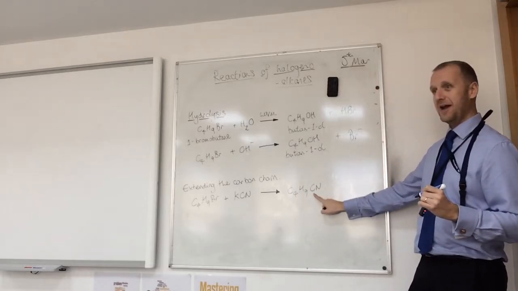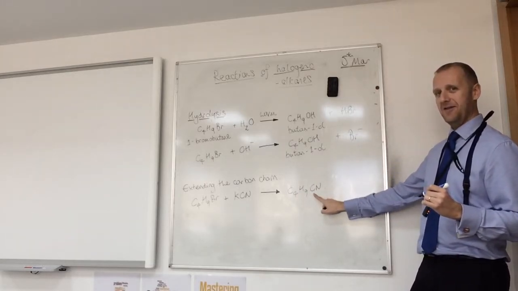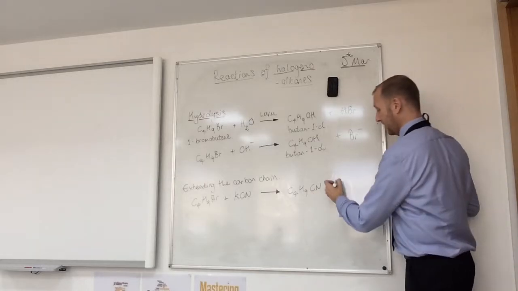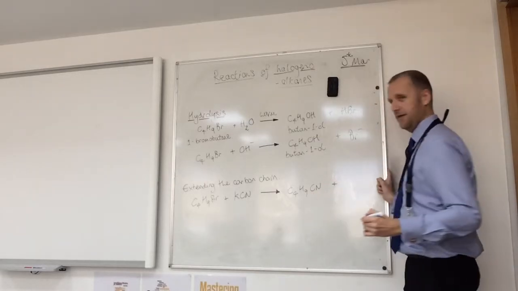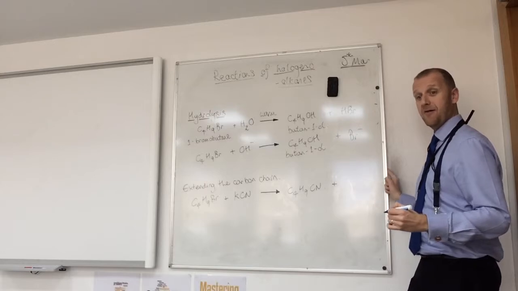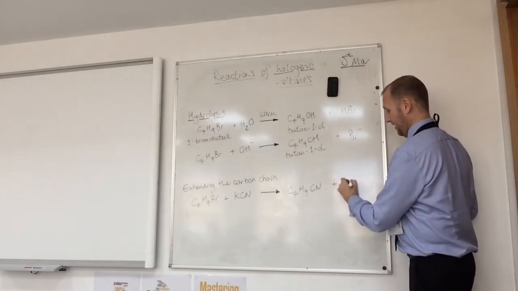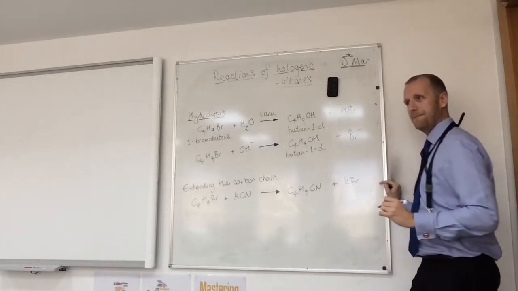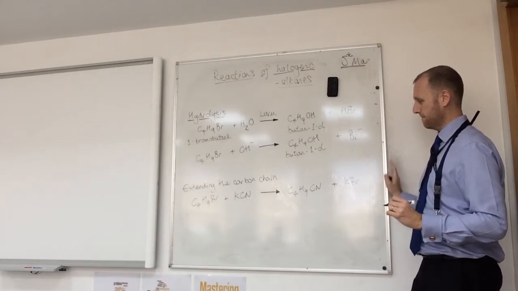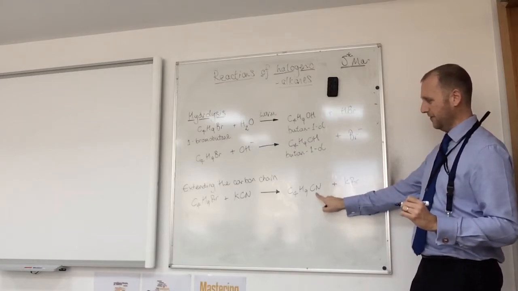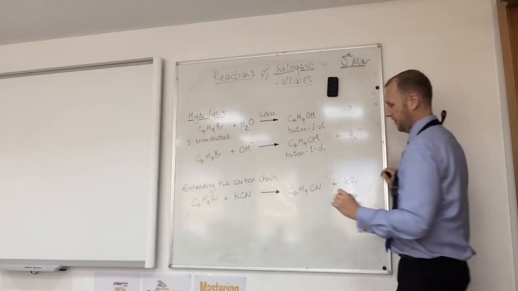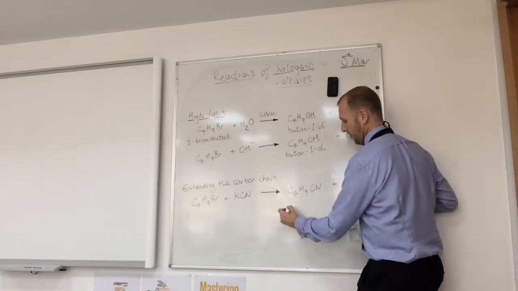Notice now how it's got an extra carbon atom in the chain. And all that's left over, well, what is left over? The Br and the K. So KBr. Okay. This kind of compound is called a nitrile.